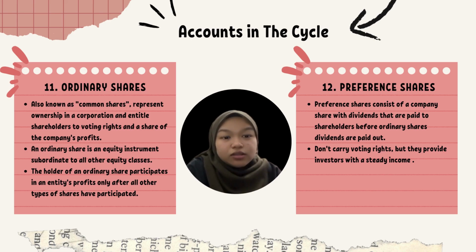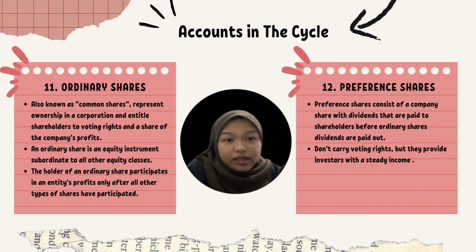Ordinary shares, also called common shares, are like the basic ownership units in a company. They give shareholders the right to vote on company decisions and a share of the company's profit. But when it comes to getting paid, these shares come last after other types of ownership.